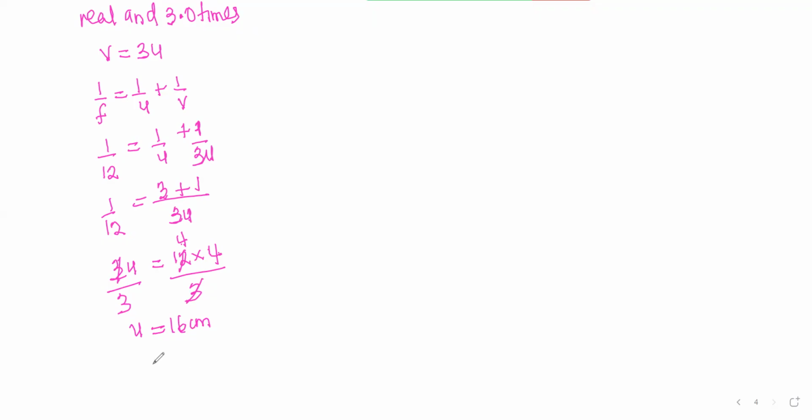Okay, so look at something. F is 12, R is 24. So it means that the object is between F and R, and clearly the image must be real and magnified. So B, the image distance must be 16 centimeters.